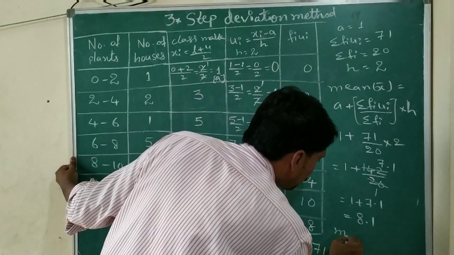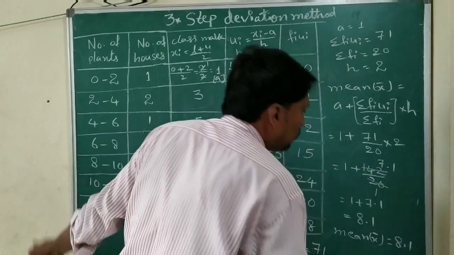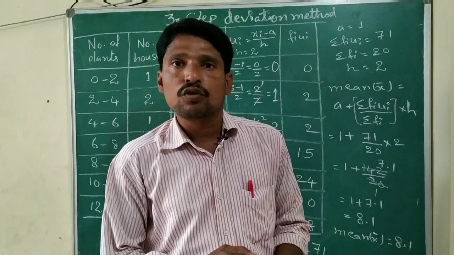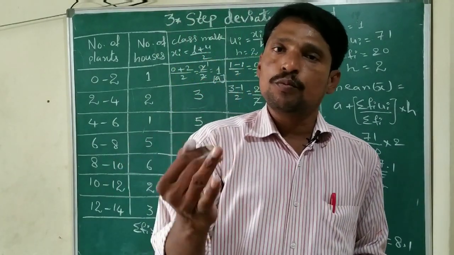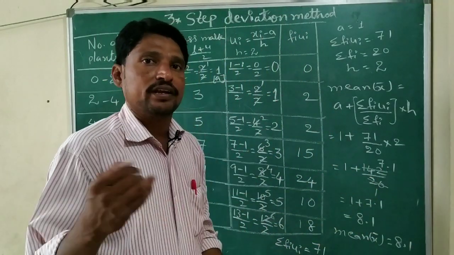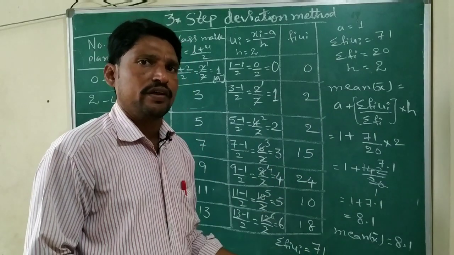So the mean x bar equals 8.1. In these three methods we got the same answer: the direct mean method gave 8.1, the assumed mean method 8.1, and the step deviation method also 8.1. Whichever method we follow, we get the same answer.